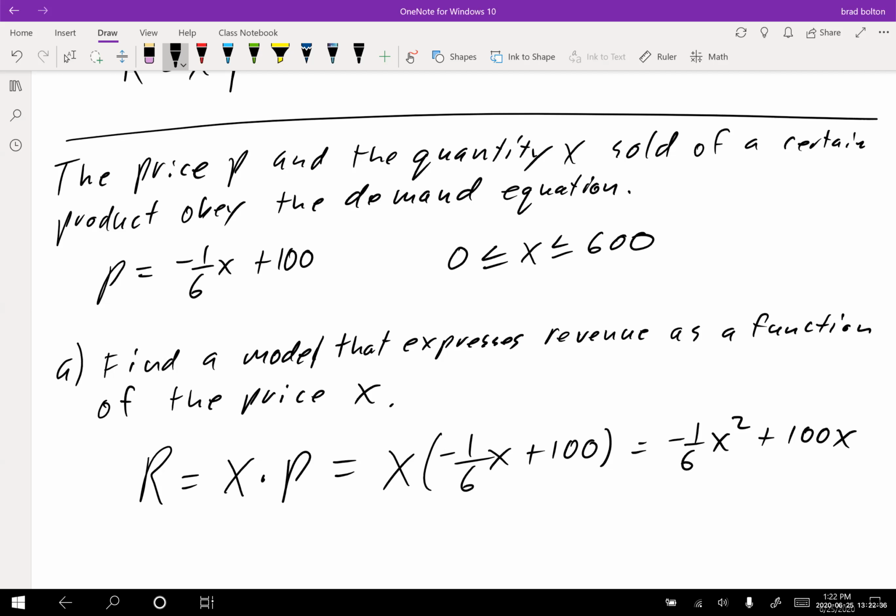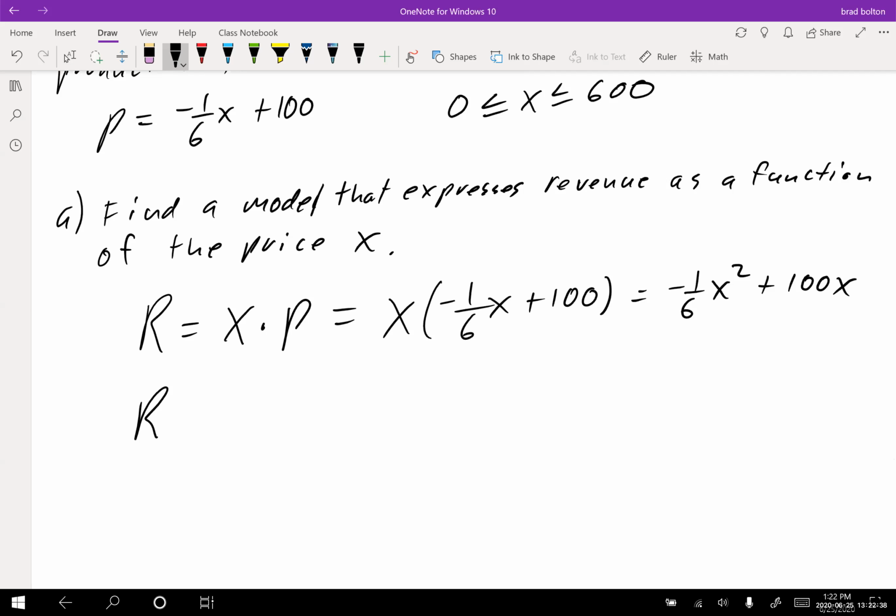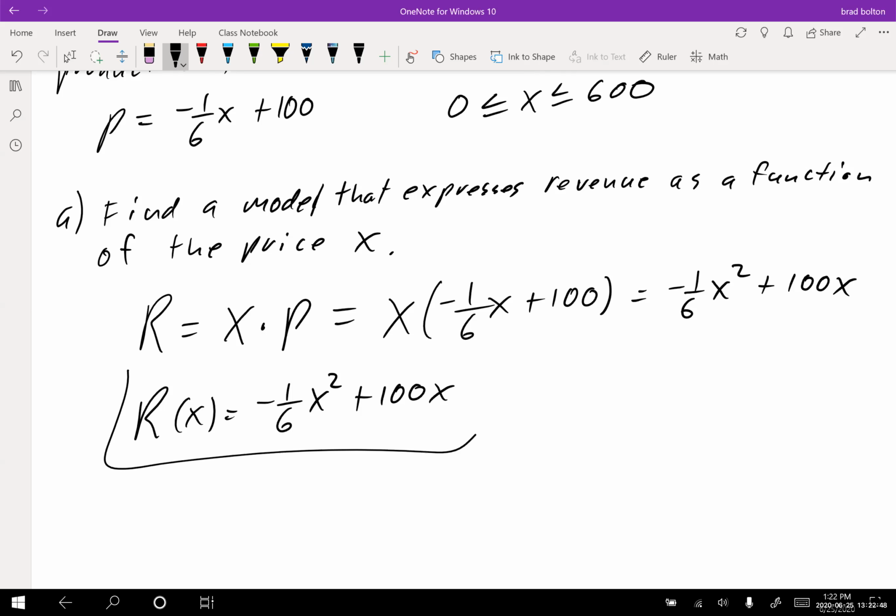Now, once again, what does this look like? This is now a parabola, once again. So we now have R of X, the revenue based on X, of negative 1/6 X squared plus 100 X. So that is our revenue function, okay? Now, once we have this, they can ask us questions.